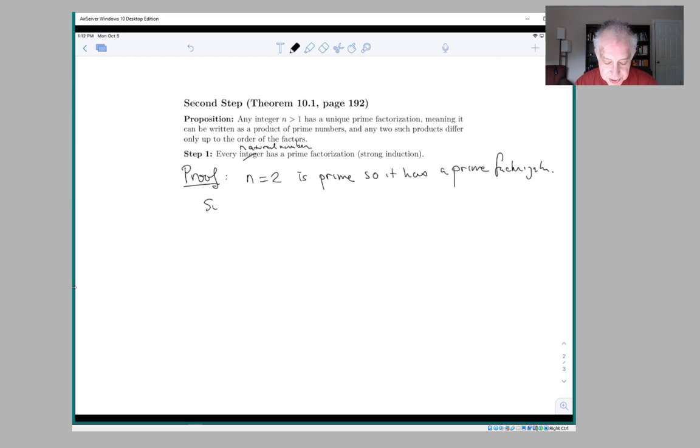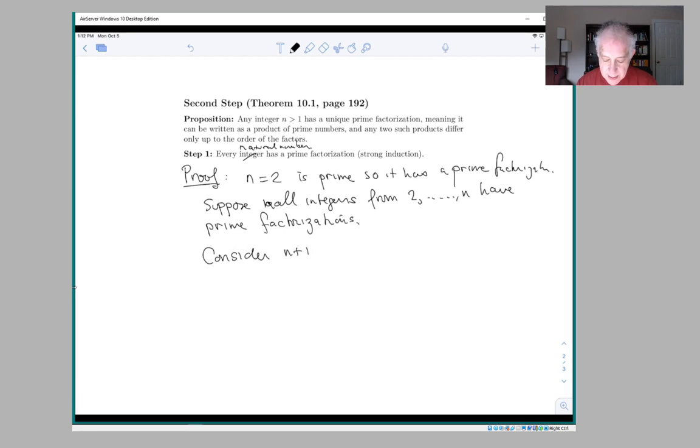Now suppose that all integers, this is strong induction, so all integers from 2 up to n have prime factorizations. And let's consider n plus 1. Well, there are two cases.